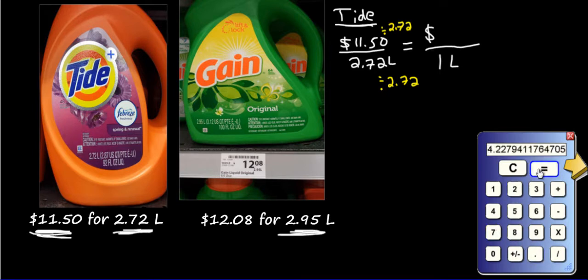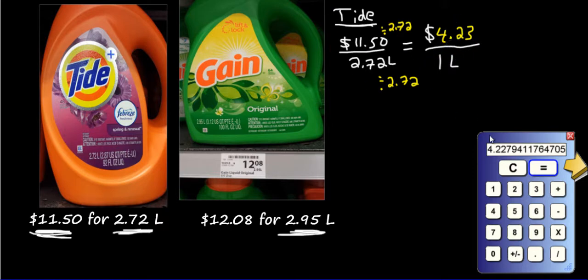We get 4.23, because that 7 here beside the 2 is bigger than 5, so it rounds up. So we have $4.23, and it's dollars because dollars lines up with dollars, liters with liters. So 1 liter of this stuff is going to cost $4.23.